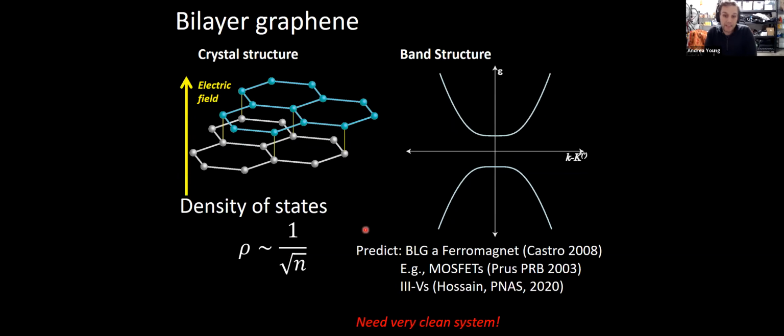But as has been known for many years, at this point, when you apply an electric field across Bernal bilayer, you modify that band structure quite a lot. And in particular, you generate band minima that are particularly flat. So in particular, the electronic structure of bilayer graphene, roughly speaking, gives you a quartic band minimum and band maximum with a tunable gap.